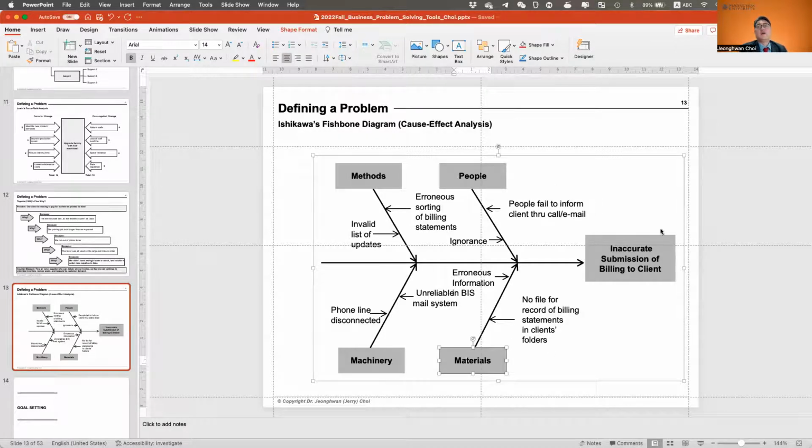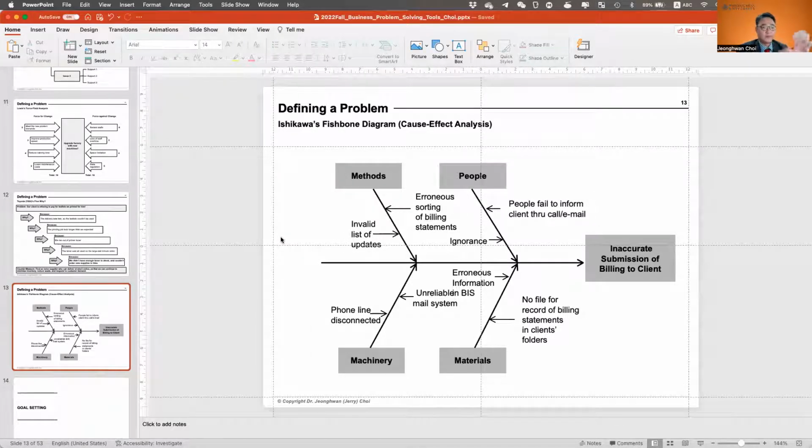So we identify the root cause of the problem by using the fishbone, because this looks like a fish: a fish head and the fish bones. We identify what can cause the biggest issue.